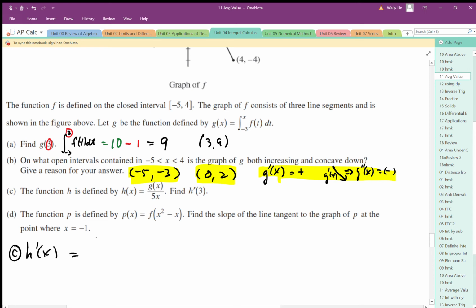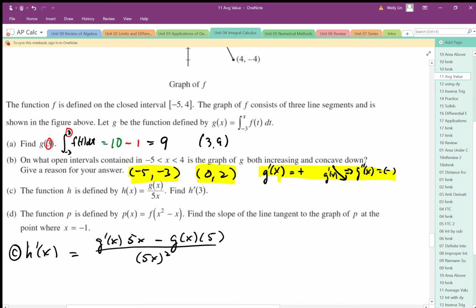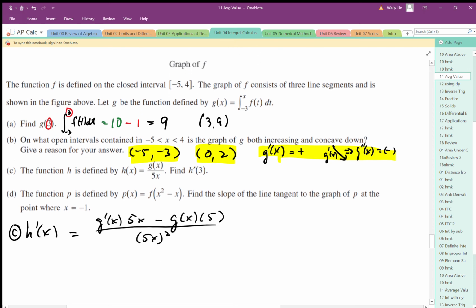We're going to end up with g prime of x times 5x minus g of x times 5, all over 5x all squared. I think we can cancel out the 5's here, can't we? Yes, we can. We'll just leave it like that for now. And it says find h prime when x is 3.